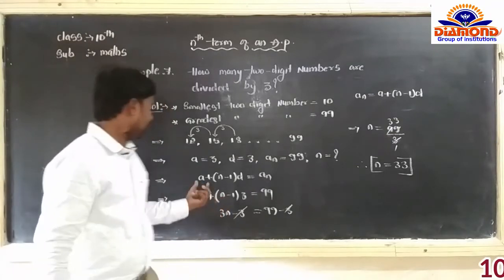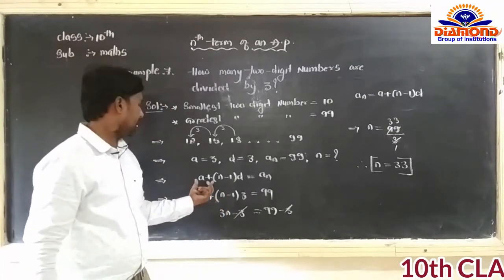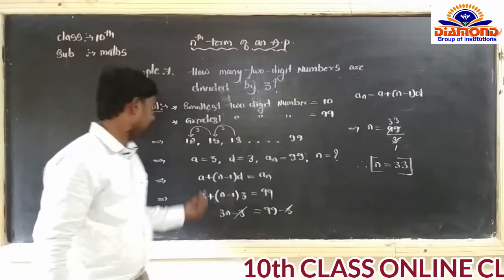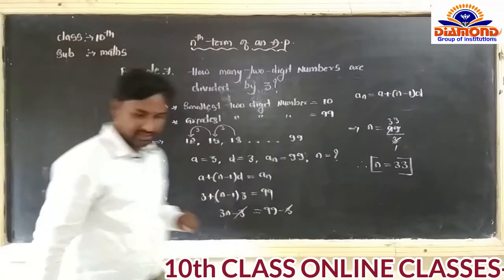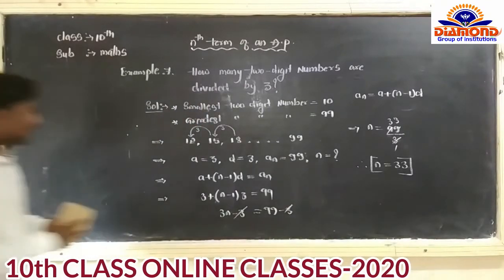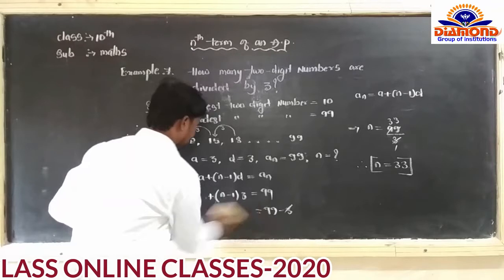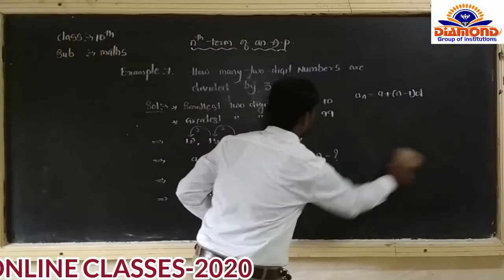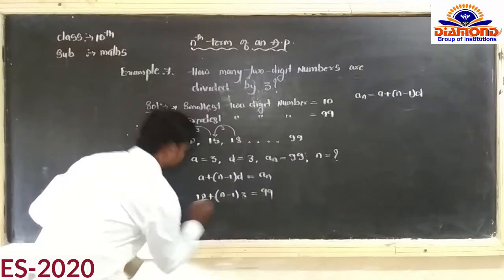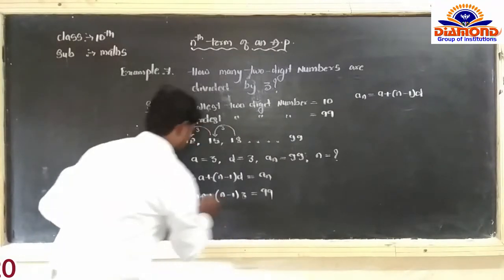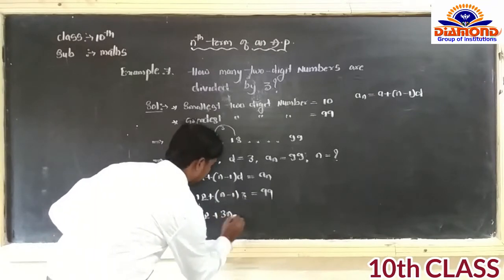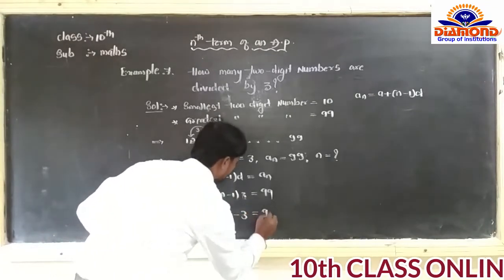Next, the identity a + (n - 1)d = an. Substitute the values. Sorry dear students, I did it wrong here. The first term a is 12, and here 12 as it is, plus 3 into n is 3n, minus 3, is equal to 99.